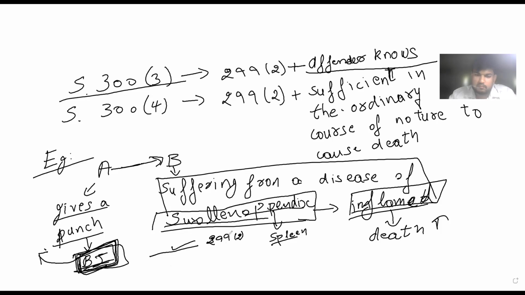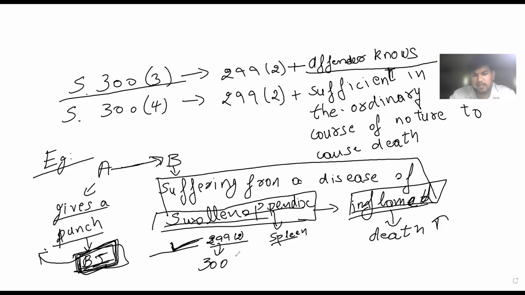Let me first explain it with reference to section 299(2) only and its relation with 300. Once the expert opinion says that yes, it is likely to cause death, then we come to 300.